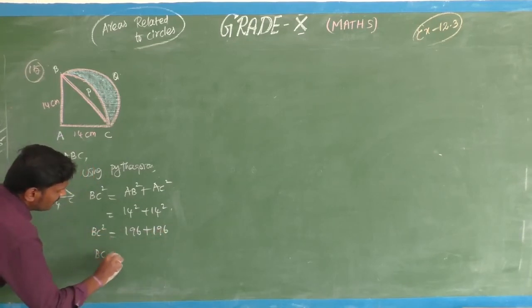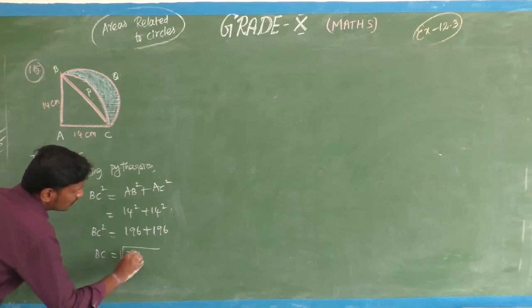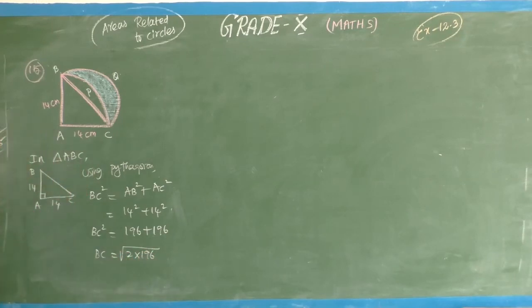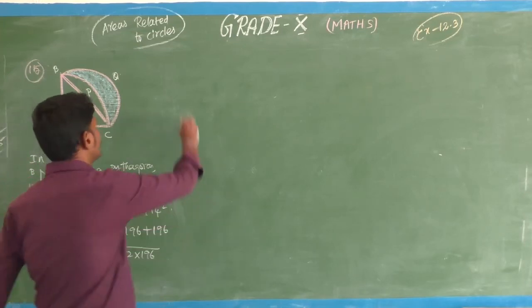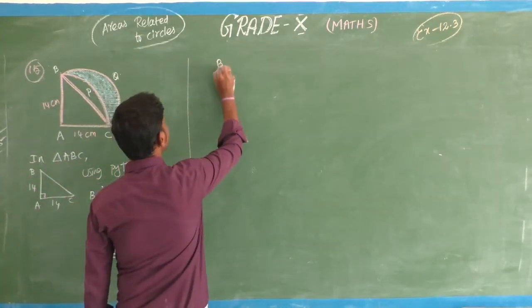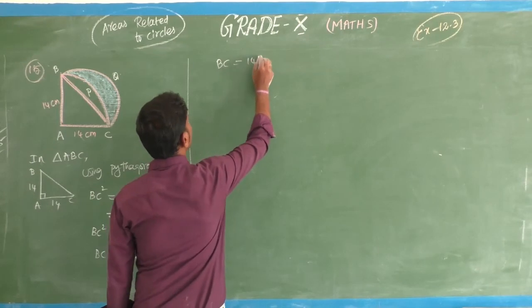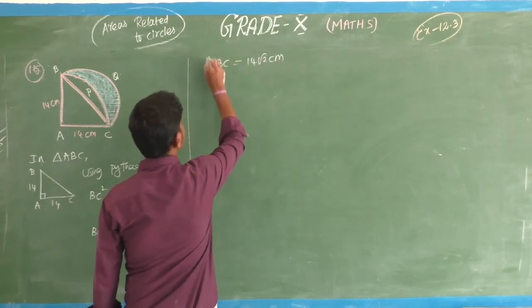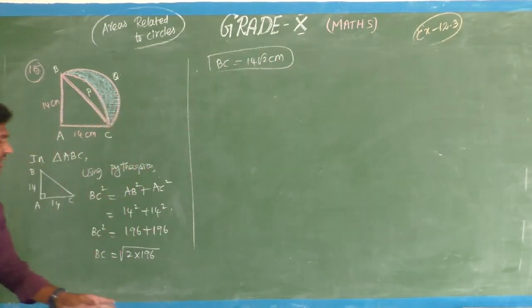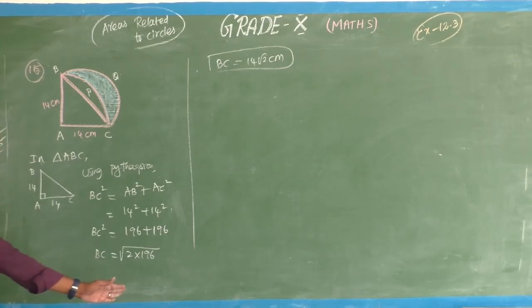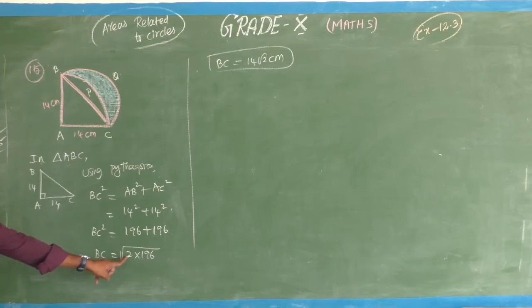I need only BC, so you write 2 into 196. This is the same question as the previous one. So BC is equal to 14 √2 centimeter, because the square root of 196 is 14, and we can't take the square root of 2.